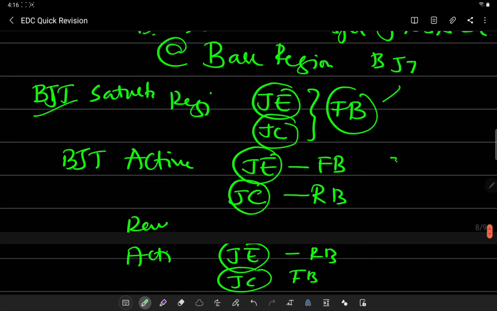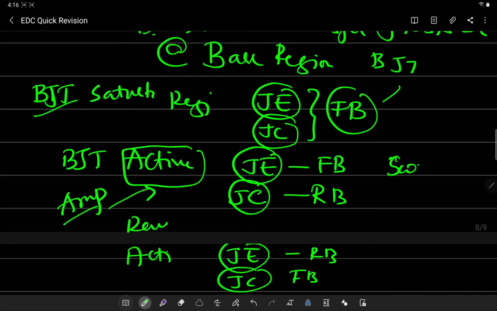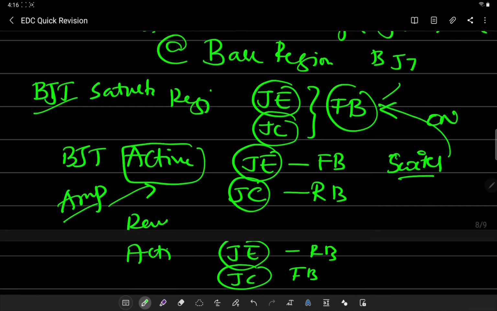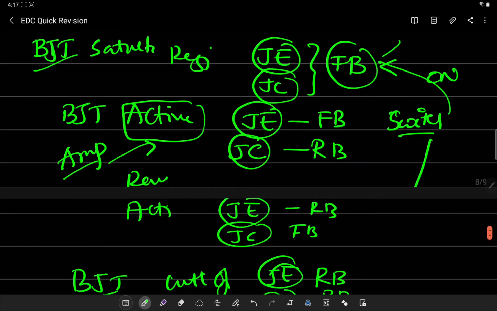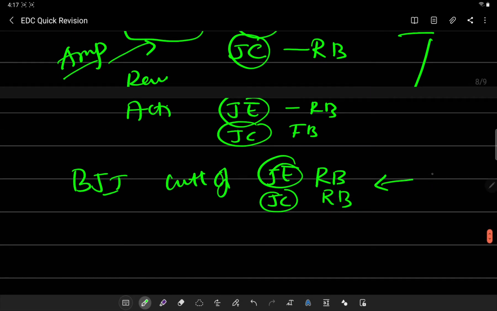Now the transistor will act as an amplifier in active region, and it will act as a switch, with the on condition being the saturation region, and cutoff being the off stage of the switch.